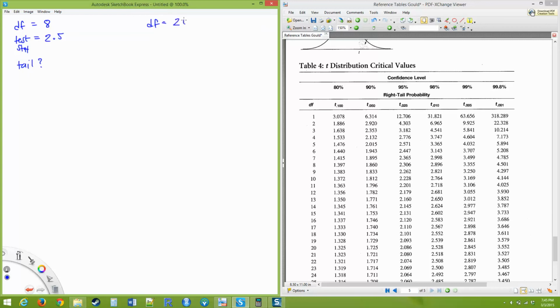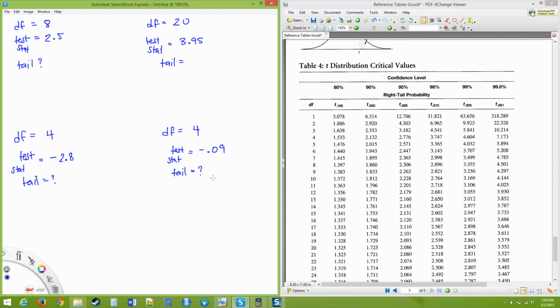Degrees of freedom equal to 20. Okay, so you have 4 drills right there, so go ahead, find the answers to each of these.